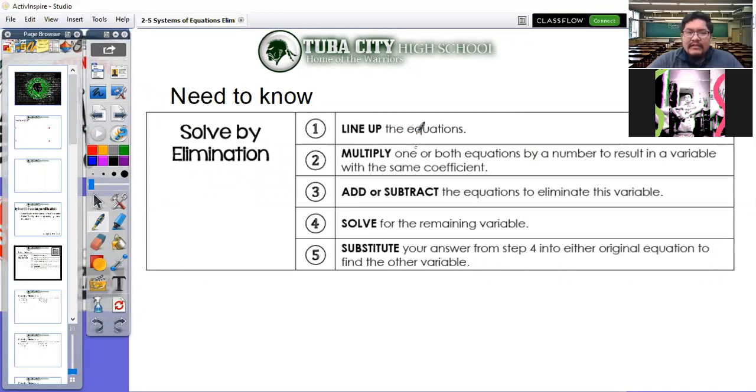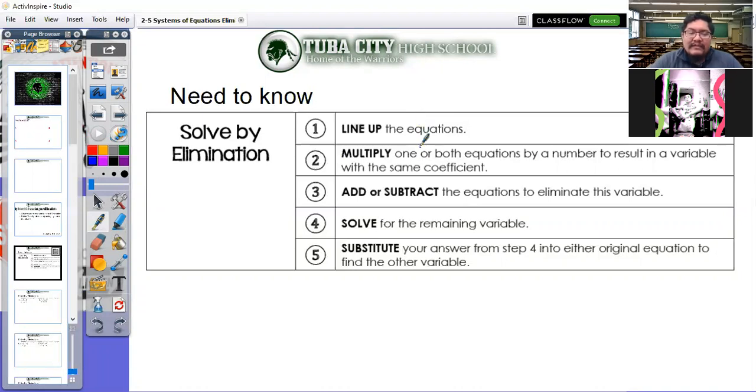So the first thing is we've got to line up the equations. This means that every part of the equation has to be the same for both of them. If they're both in standard form, for instance, then they both have to be in standard form. The equal sign has to be in the same spot, and the x's and y's have to be in the same spot. That's what it means to line up the equations.